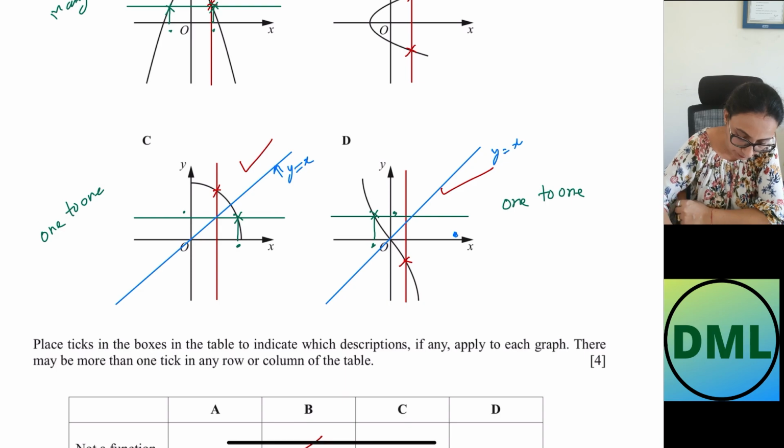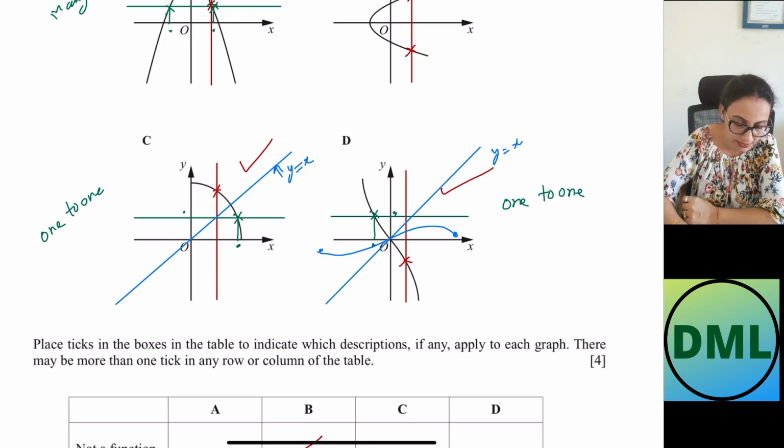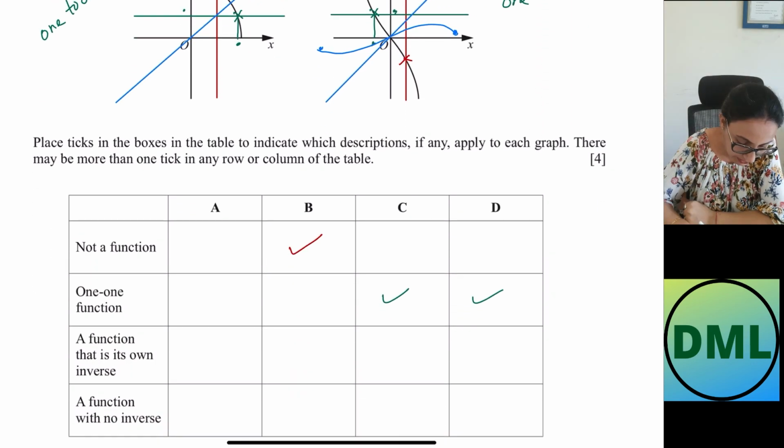If I want to plot this point, it will go here. If I join the graph, it will be like this, touching to the center, and it will go like this. This is not the own inverse. So the own inverse answer is which answer? C part. So a function that has its own inverse is C part.